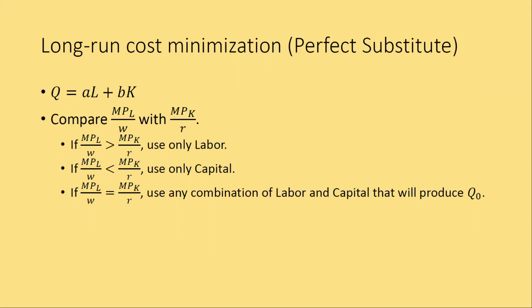And eventually, when they are the same, then it doesn't make a difference as to how much capital and labor the firm uses. And recall that this production function is also called perfect substitutes, meaning that the firm can perfectly substitute between labor and capital, right? So when those two are equally productive in a marginal sense, then the firm doesn't really make a difference.